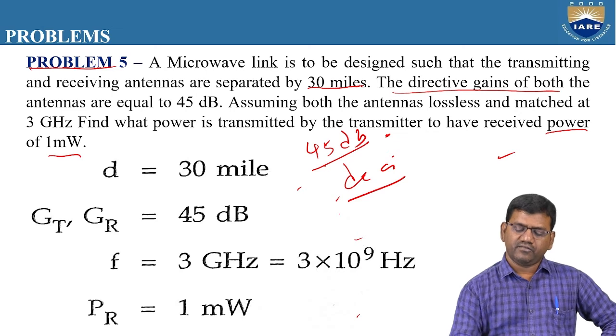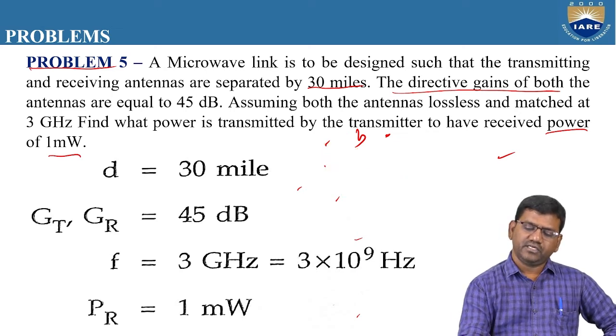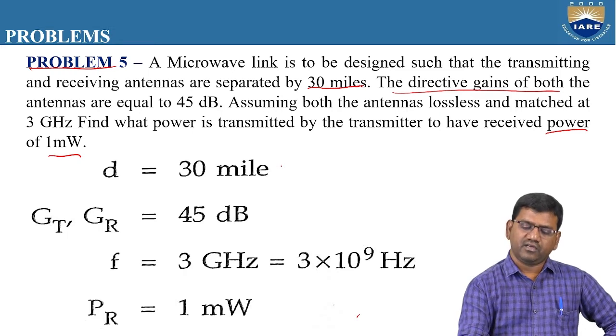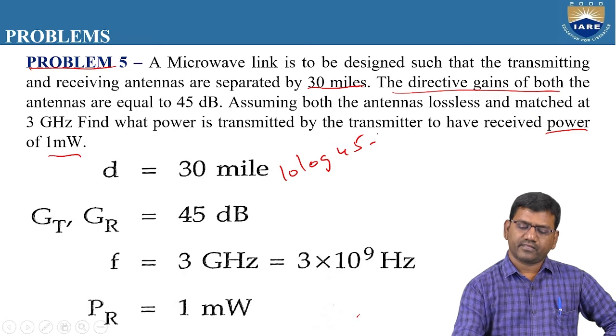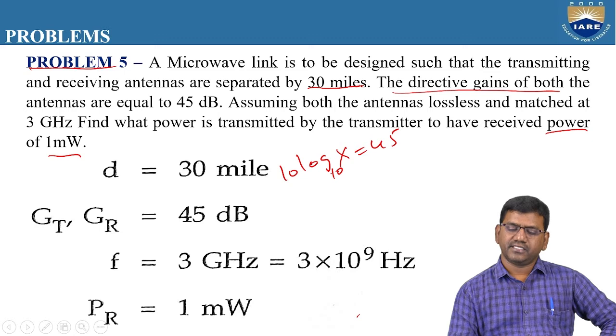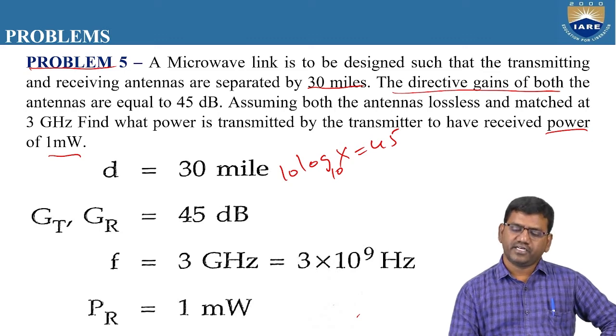If we want to convert dB into a decimal value, what is this dB value? It is 10 log x base 10 equal to 45 dB.